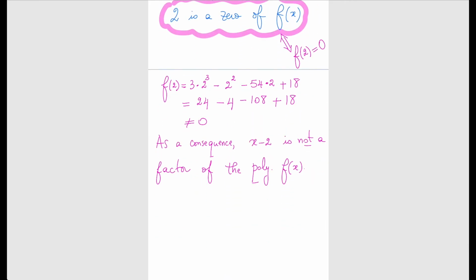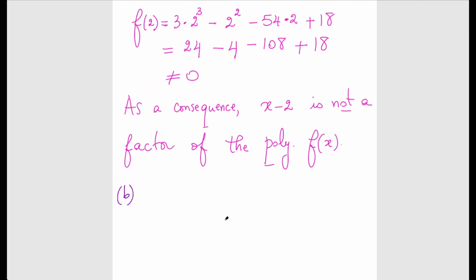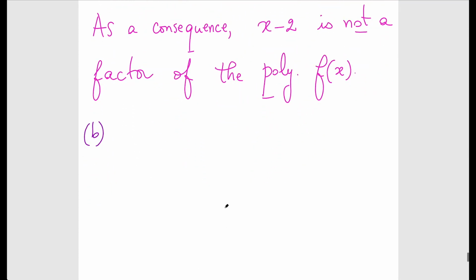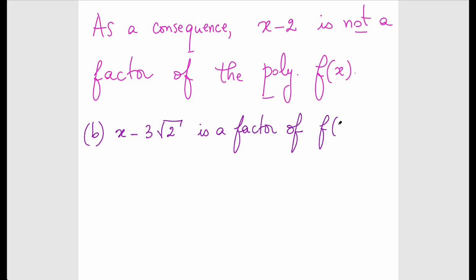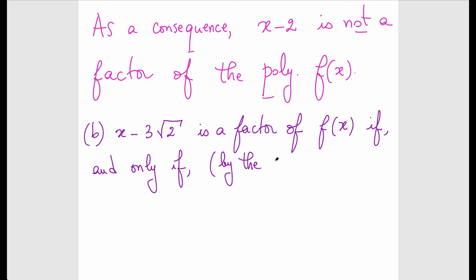So part B, x minus 3 square root of 2 is a factor of f of x if and only if, based on the factor theorem.